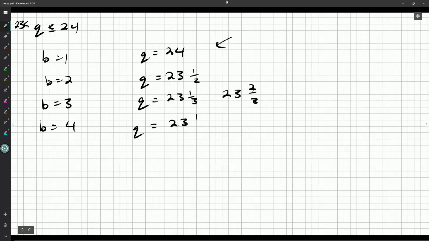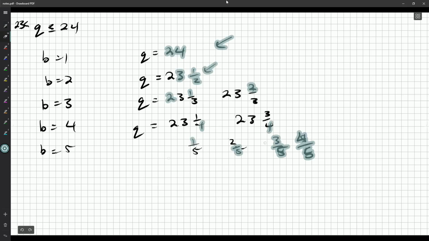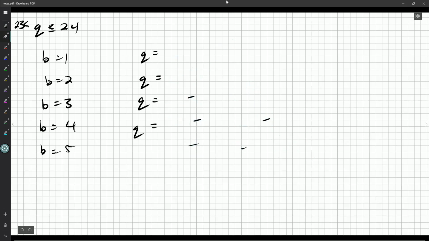For the quarters, you can have 23 and a quarter. We're not going to have 23 and a half. We already did that. 23 and 3/4. For fifths, you'll have 23 and a fifth, 2/5, 3/5, and 4/5. And actually, all of these look like 23 plus something. So I think it might be easier just to write out. We'll count how many 23s we've got, and then we'll add up the various fractions.